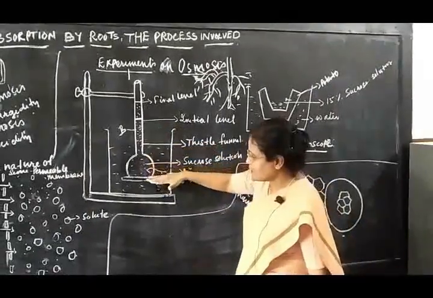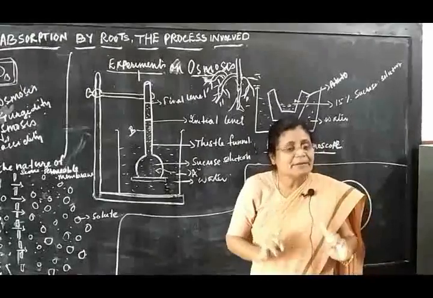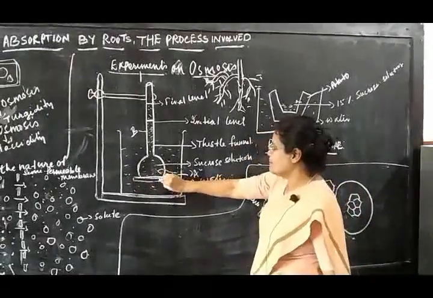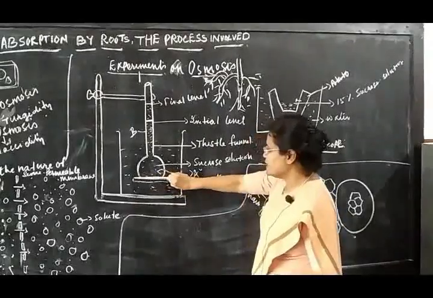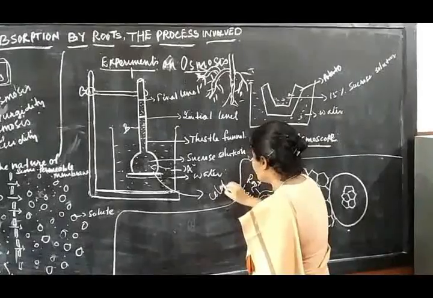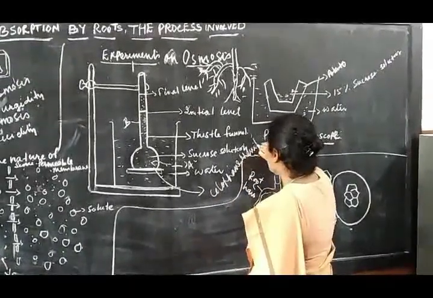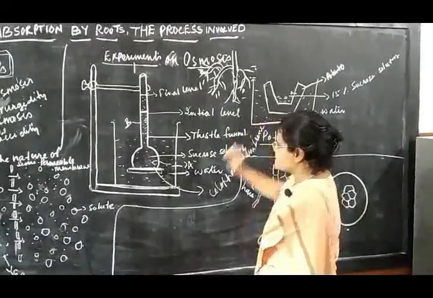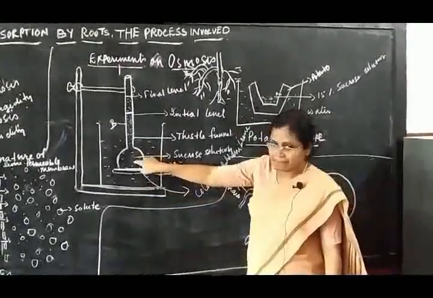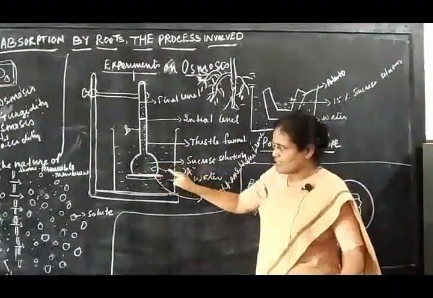So, this thistle funnel at the base is tied with a cellophane membrane which is semi-permeable in nature. Here at the bottom we have a cellophane membrane which is semi-permeable in nature. Here there is more water, here there is less water, it's a sucrose solution, not salt, sucrose solution.